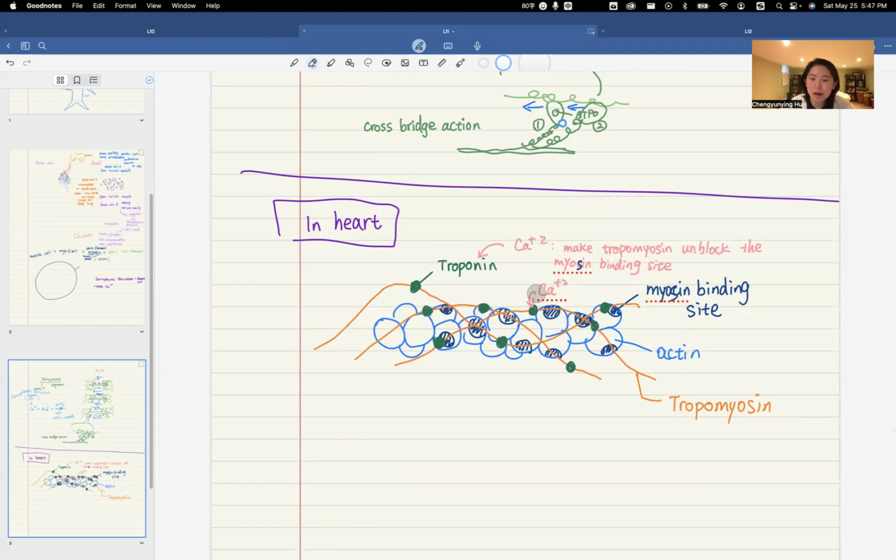By binding calcium to the green point, troponin. It's a receptor. Calcium binds to troponin, and this orange line will move away. When it moves away, we release the myosin binding site so that myosin is able to bind to this site and swipe the actin towards each other and perform contraction.